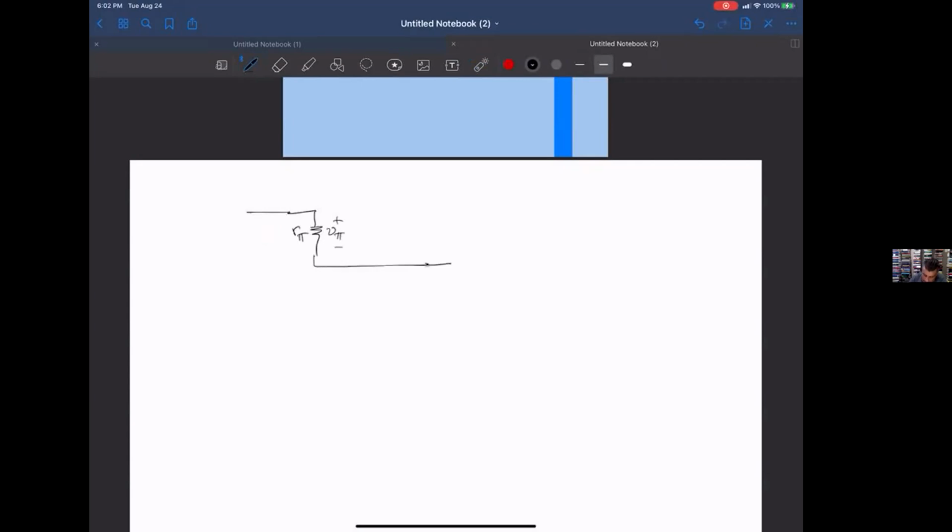And then we have a current source here, I1, and the value of that current source is g sub m V sub pi. This makes this current source what's called a voltage controlled current source.